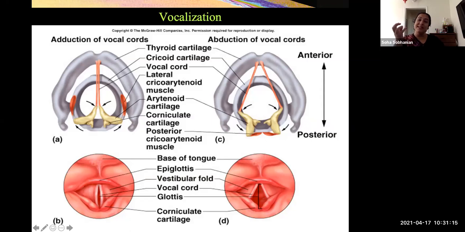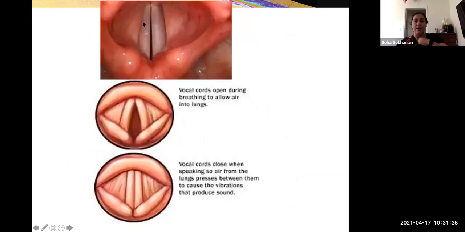Now I keep referring to this as a space. This space actually has a name. It's called the glottis. So this wide opening at the center, which is shown right here as well, is called the glottis. I think I have a picture here. So here are the real vocal cords. Right here is 1 vocal cord, right here is the second vocal cord. See how the space is really small between those 2 vocal cords?